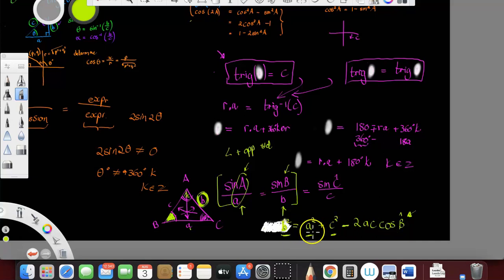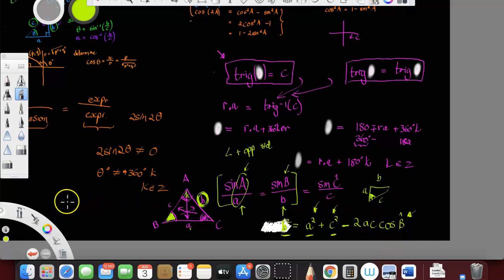Or I have two sides and their inclusive angle, so A and C, and then the angle that they make. That can be used to calculate B using cos. And so this is the application of these two, sine and cos rule.